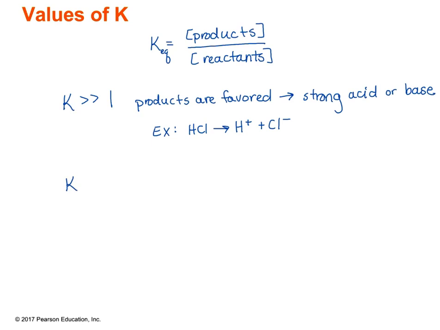Now, if K is much, much less than 1, the opposite occurs. So in this case, reactants are favored. And if reactants are favored, that means we're not forming a lot of the products. So that means that this would be a weak acid or base.